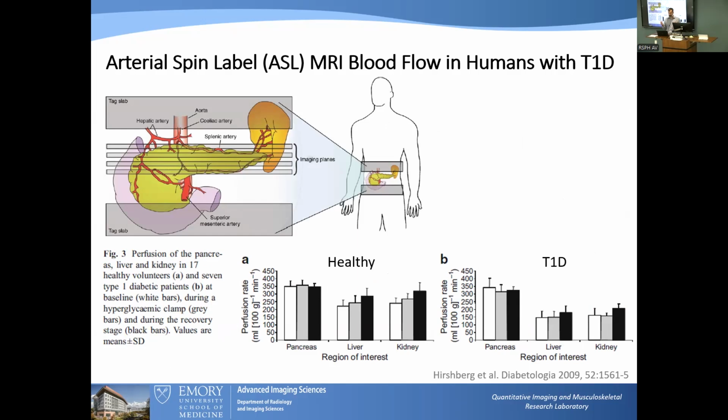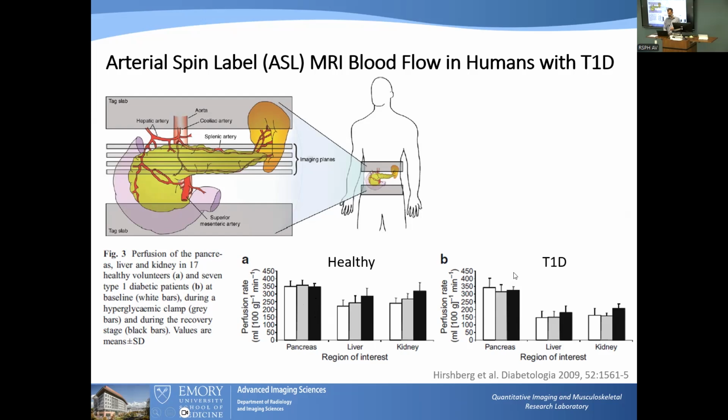For instance, this study used arterial spin labeling, which is a pretty advanced MRI technique for measuring blood flow changes. These white bars represent the measurement of blood flow during a fasted state. The gray bars are during a hyperglycemic clamp, and the black bars are during recovery from the hyperglycemic clamp.